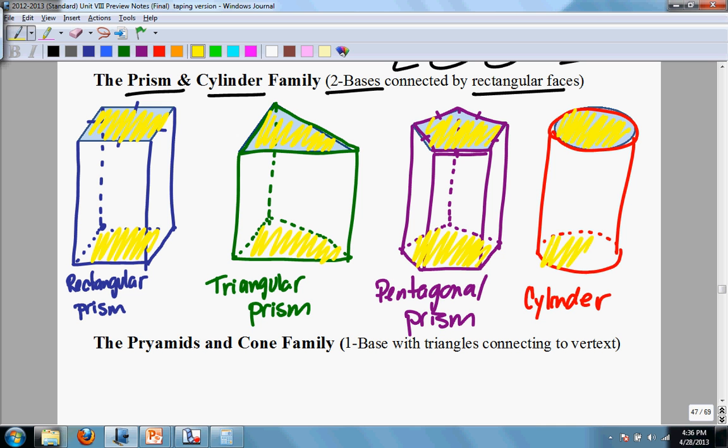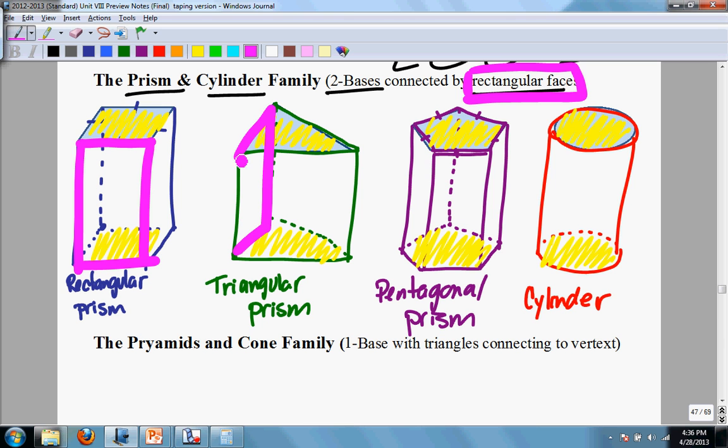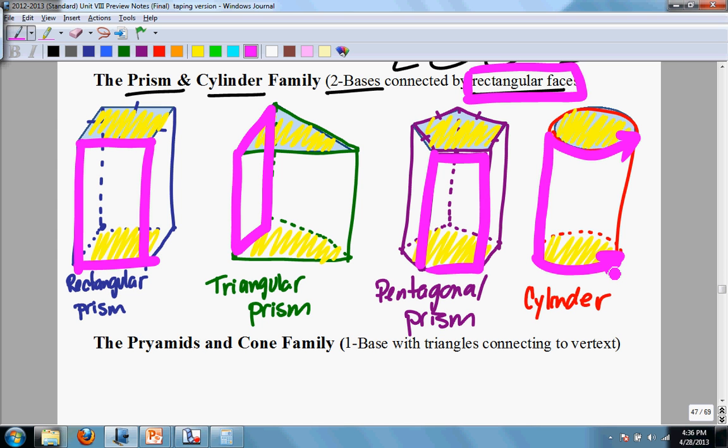Two parallel congruent bases connected by rectangular faces. Notice the rectangles connect. And technically if we were to slice this edge, this would be one long rectangle. So a prism consists of two bases connected by rectangular faces.